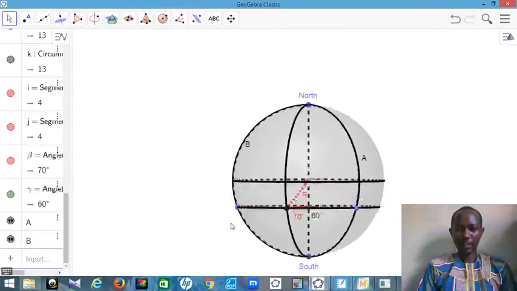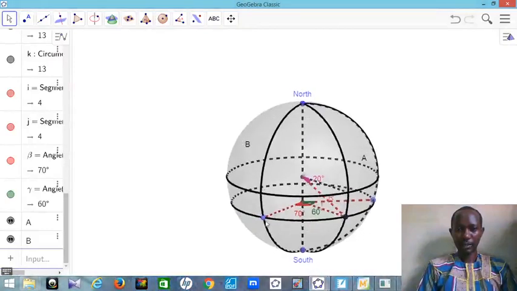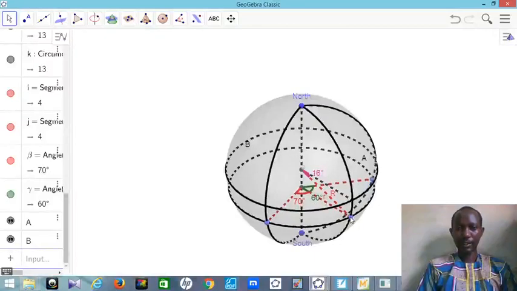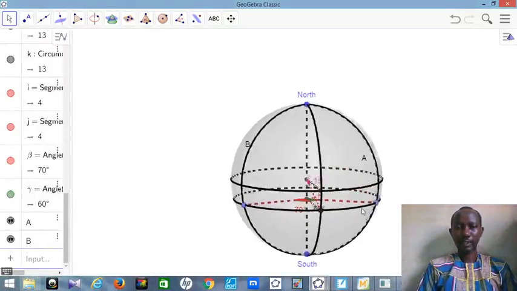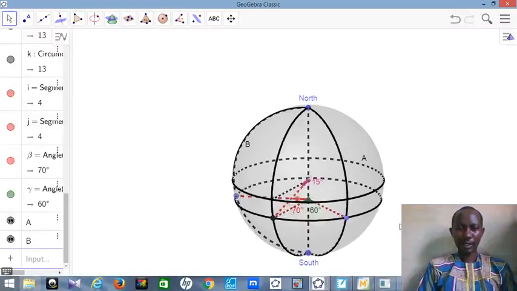So let me find the angle. This is the angle, 15 degrees. Okay, that is 15 degrees south. You can see it, 15 degrees south.